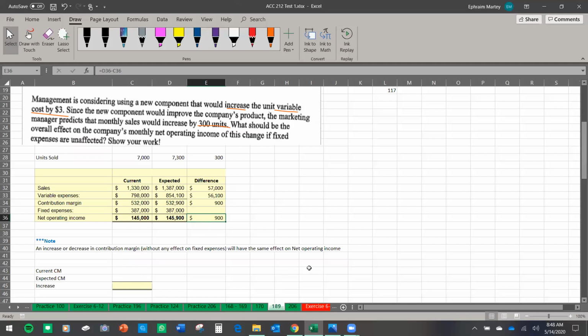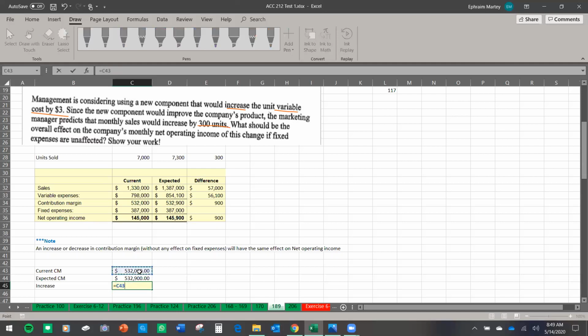So you can do that with our 76 multiplied by 7,000, and then 73 multiplied by 7,300.